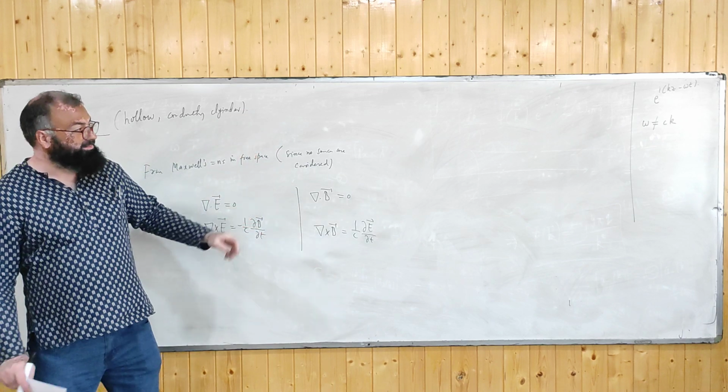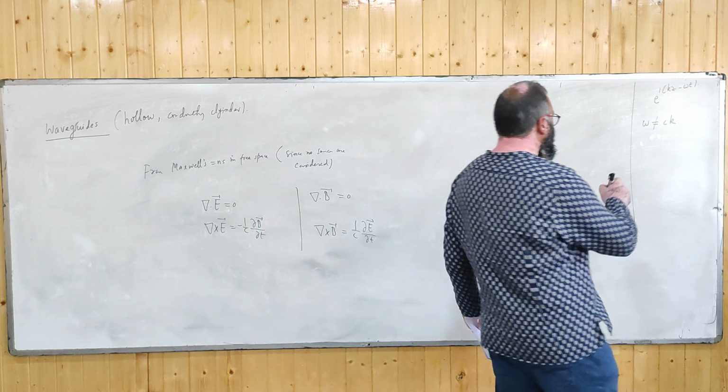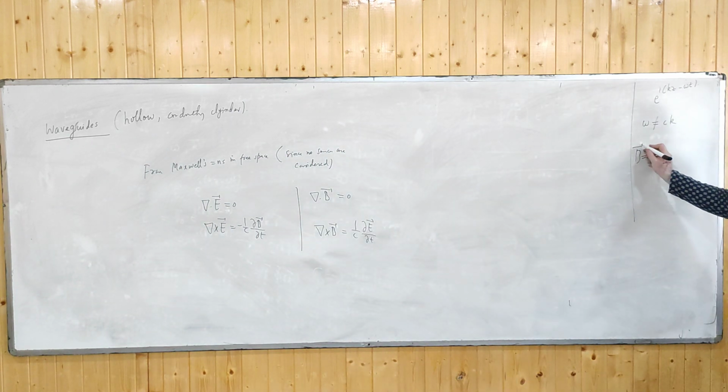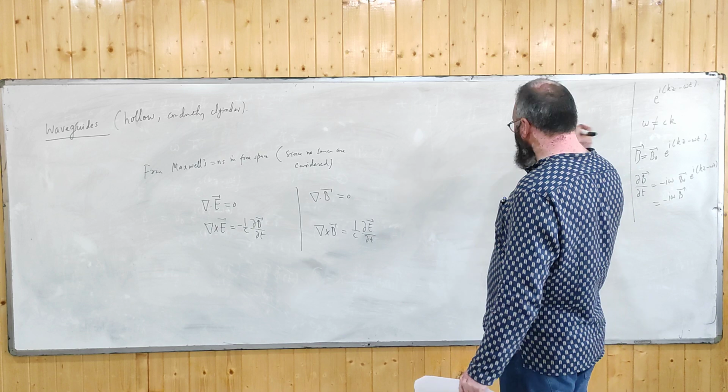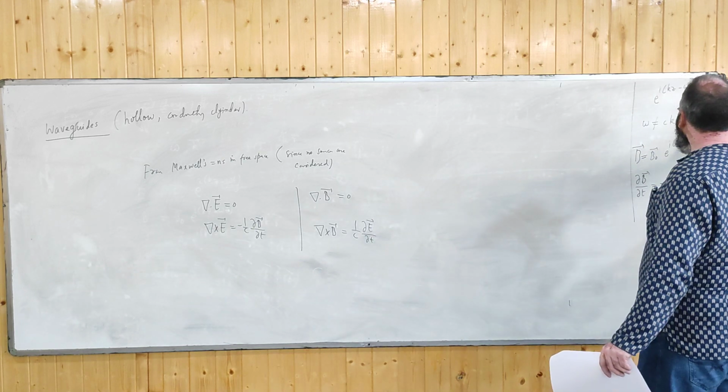B will be of the form B naught e raised to i(kz minus omega t). Now tell me, what is partial B by partial t? That will be minus i omega times the same thing, B naught e raised to i(kz minus omega t). In other words, that is the same as minus i omega vector B. Clear? So let's call this profile the first term.